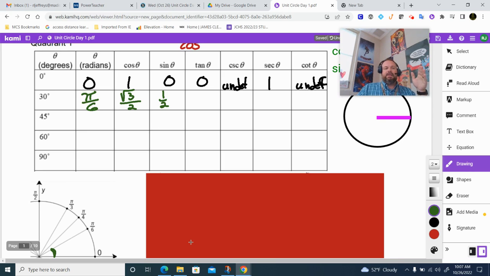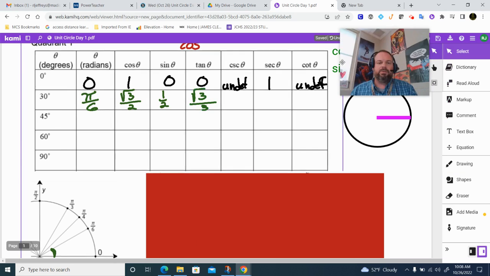Okay. Now, I can show you the math later. It's sine over cosine, so we'd have a radical in the bottom. Just believe me when it's this. I can show you the actual math about that later.